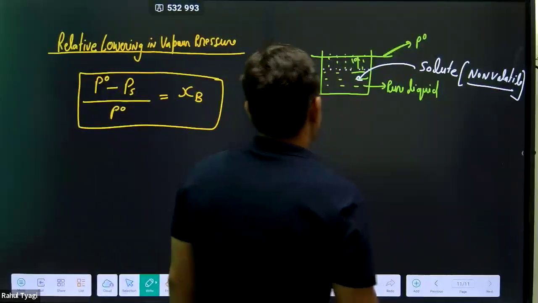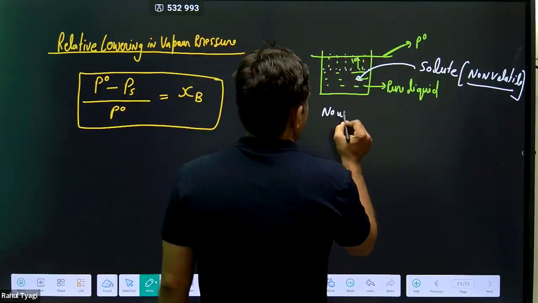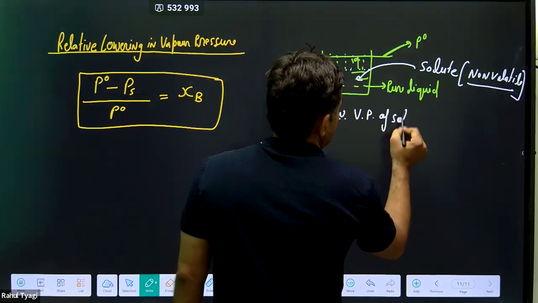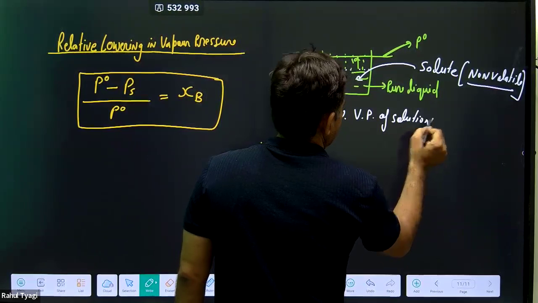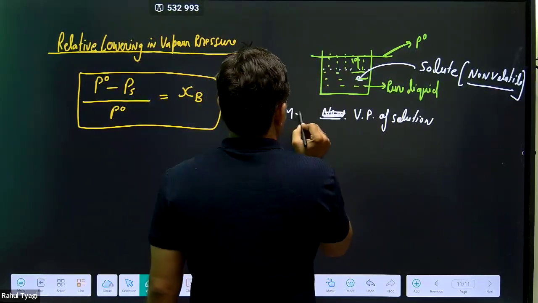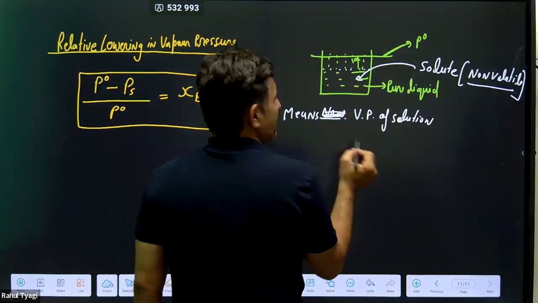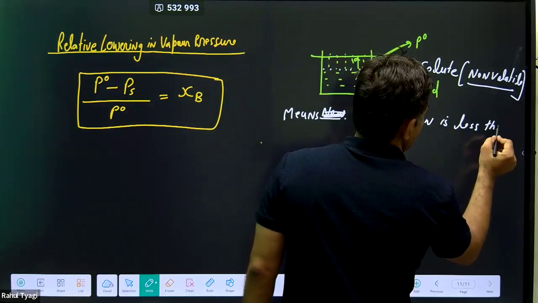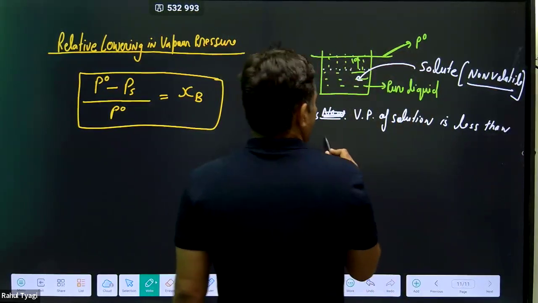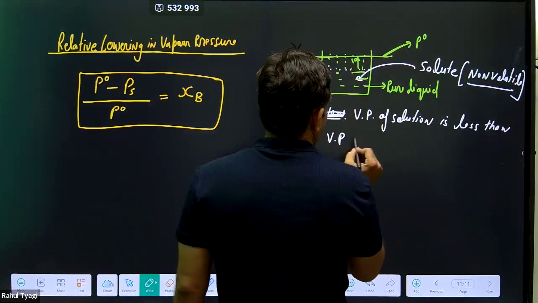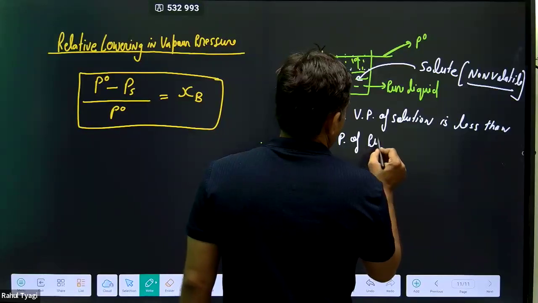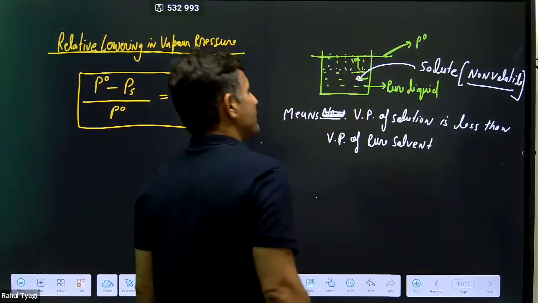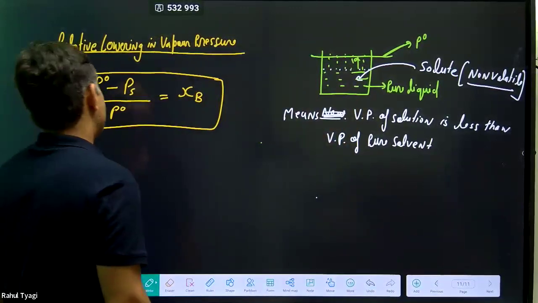It means the vapor pressure of the solution is less than the vapor pressure of pure solvent.